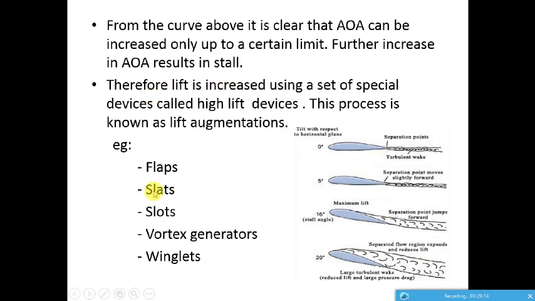So these are some of the devices that tend to increase the lift component of the wing, such as flaps, slats, slots, vortex generators, and winglets. We will discuss each of them in detail.